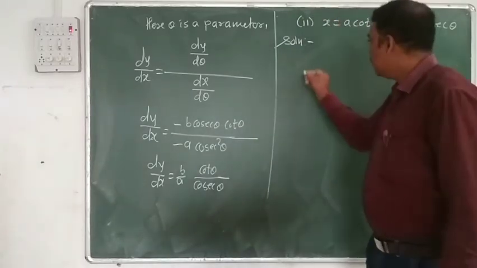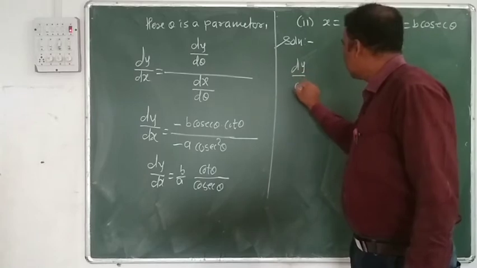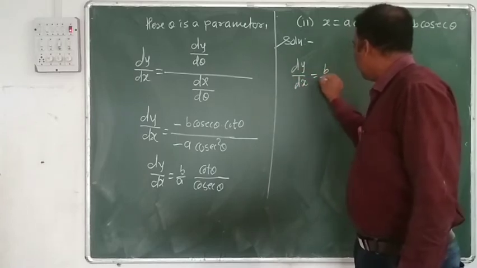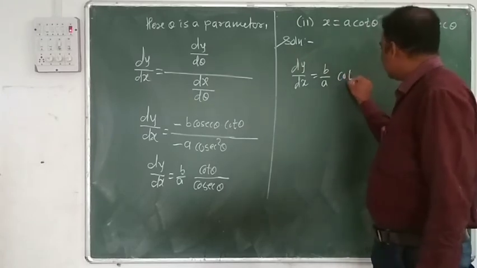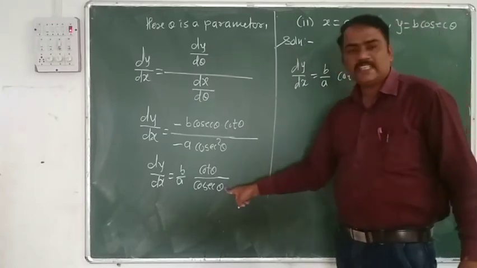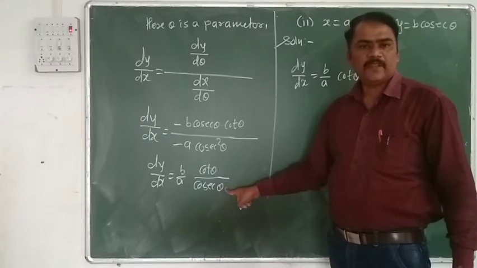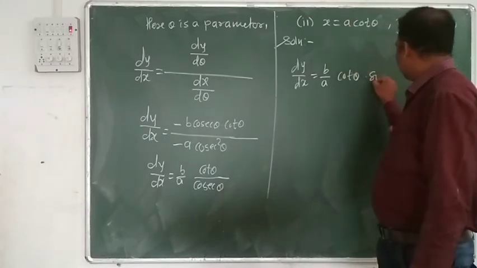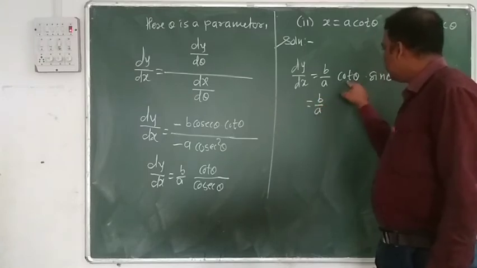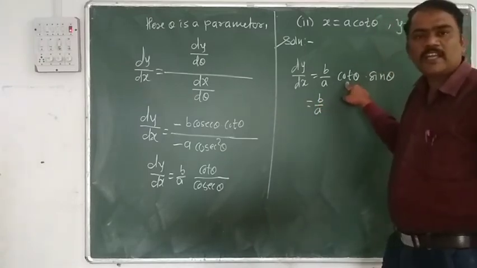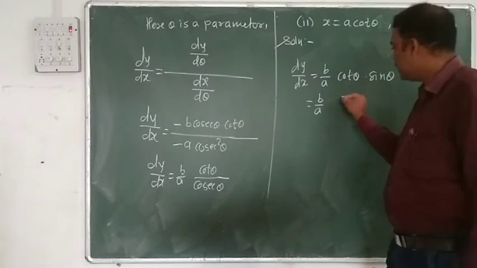dy by dx is equal to b by a as it is. Cot theta, suppose we have to keep as it is. Cosec theta, 1 upon cosec theta is nothing but sin theta. It means b by a into sin theta into cot theta. What is the value of cot theta? Cot is nothing but cos theta upon sin theta.